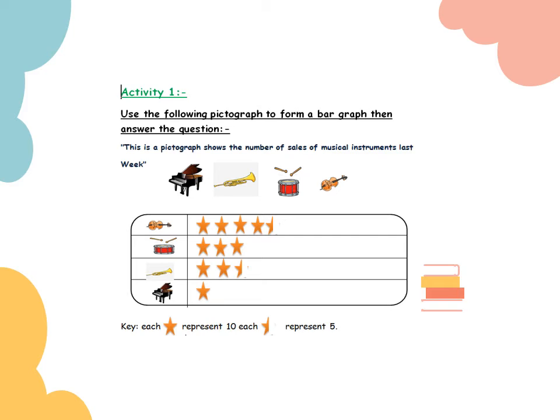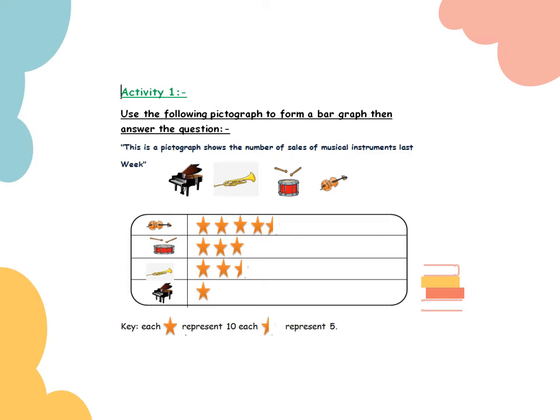Each star here represents 10 musical instruments, and each half represents 5. So we will count by 10: 10, 20, 30, 40, and 5. 40 and 5 equals 45. So 45 violins were sold last week.